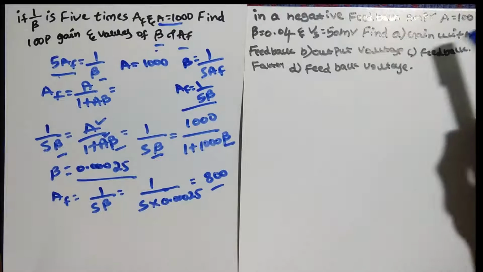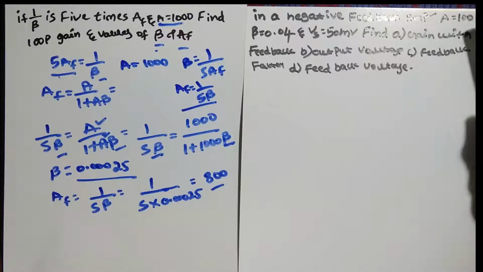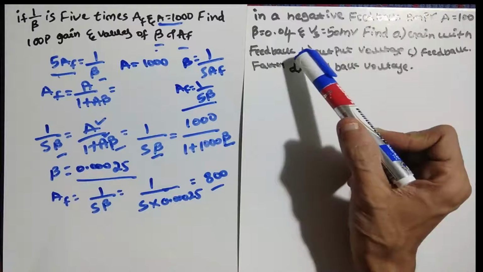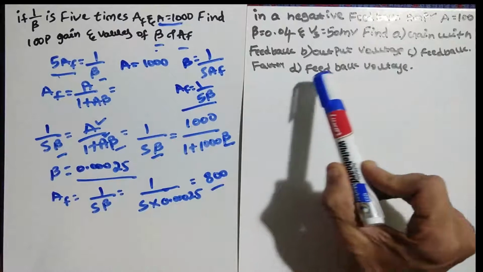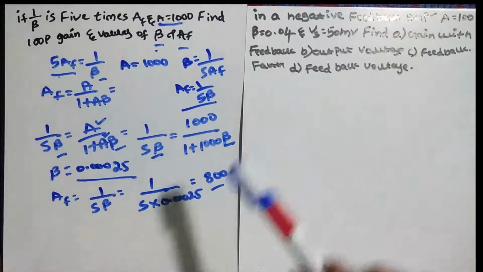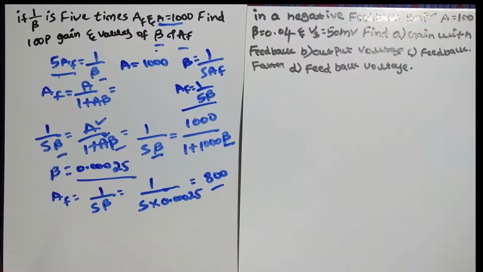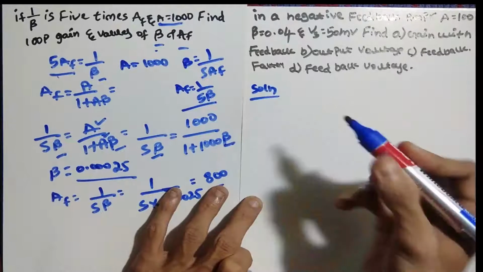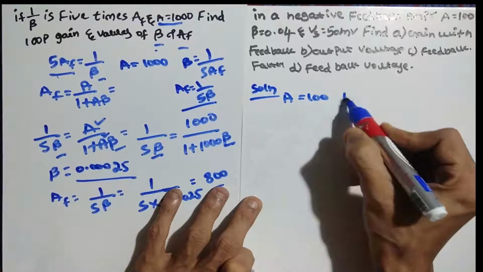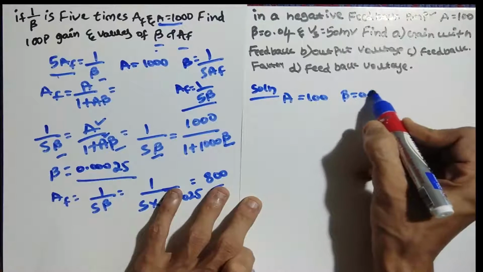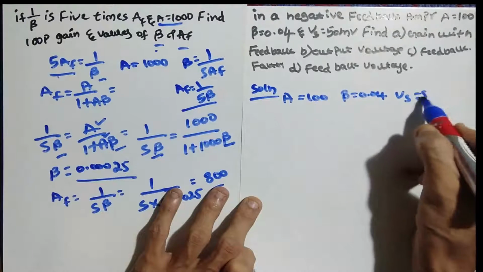In a negative feedback amplifier, A is equal to 100, beta is equal to 0.04 and Vs is equal to 50 millivolt. Find A, gain with feedback, B, output voltage, C, feedback factor, and D, feedback voltage. So first we can find out what the given things are. Given A is equal to 100, beta is equal to 0.04 and Vs is equal to 50 milli.